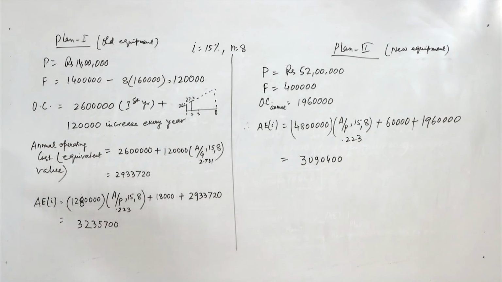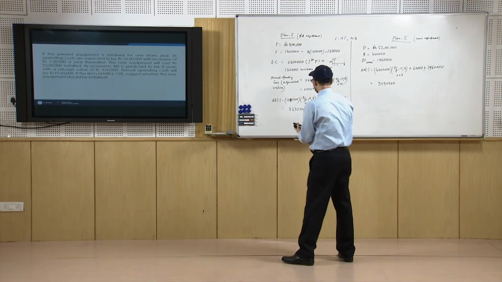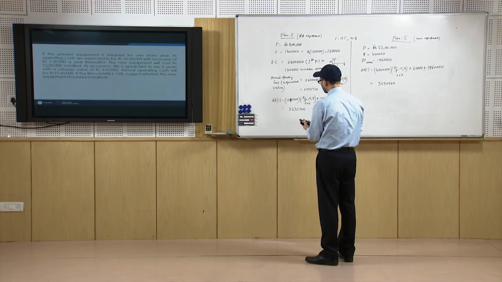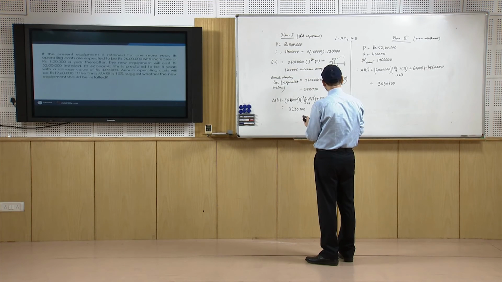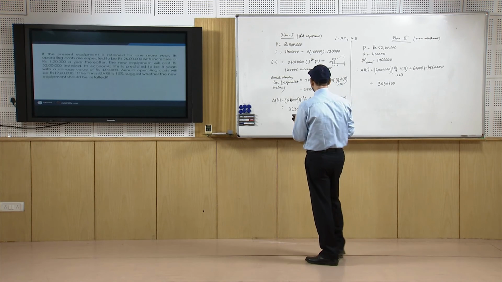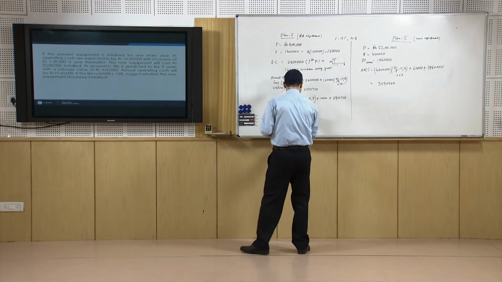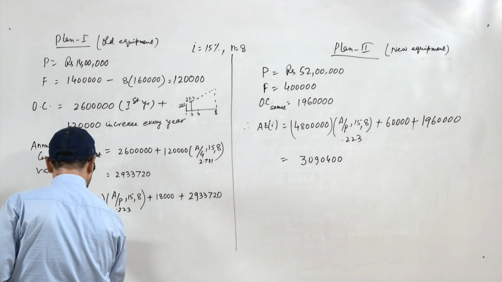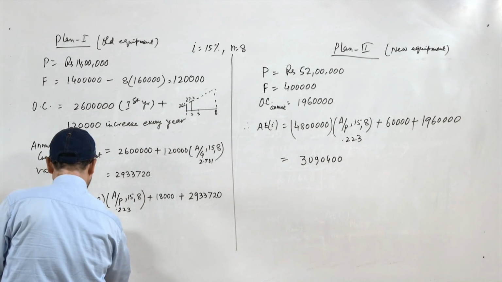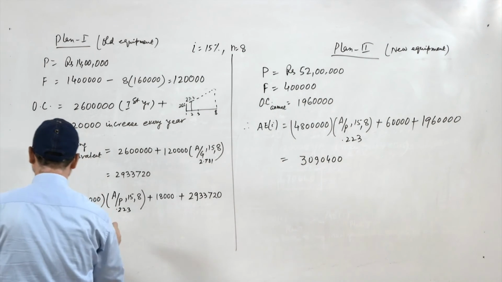So, if we add them, 12 lakh 80,000 multiplied by 0.223 plus 18,000 plus 29 lakh 33,720, it comes out to be 32 lakhs 37,160.